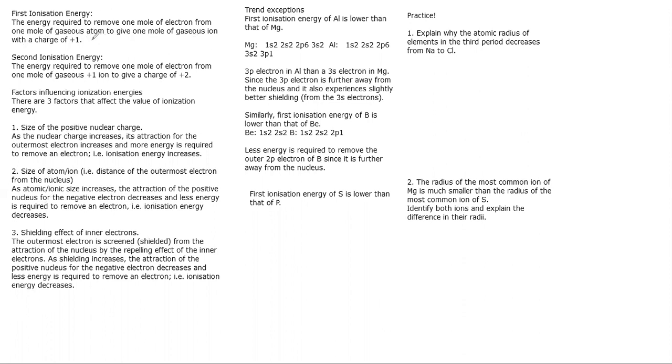For example, for magnesium, Mg(g) gives Mg+(g) plus e-. The amount of electron is 1. So 1 electron is removed from a magnesium atom in the gaseous state. That's the first ionization energy.